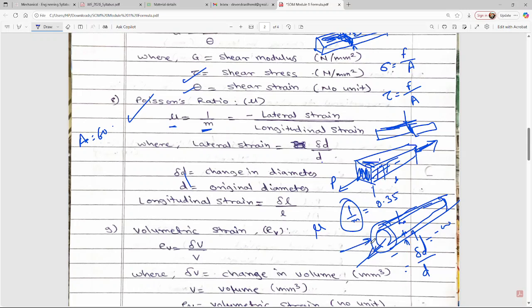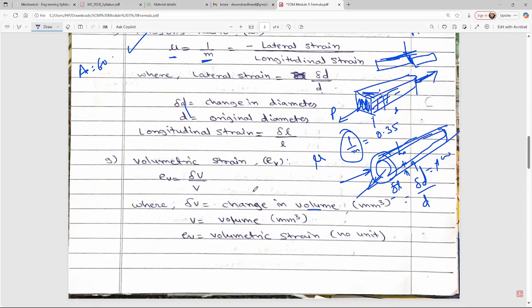If it's a compressive load, then delta D will be positive and delta L will be negative. So for merging these two strains, we need to change the sign. Here we are taking the negative of lateral strain upon longitudinal strain, so the negatives convert into positive.